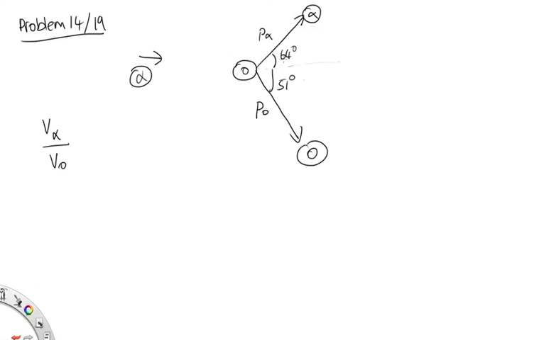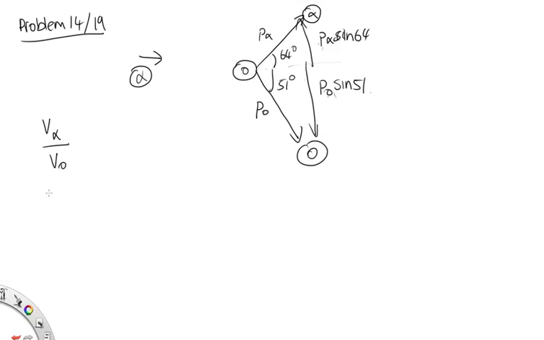In this question, we can consider the vertical components. If we consider that the alpha particle was initially traveling just in a horizontal direction, then because of conservation of momentum, the vertical components in these two directions must be equal but opposite. So the momentum up here is given by P alpha sine 64, and here by P, the momentum of the oxygen nucleus, times sine 51.